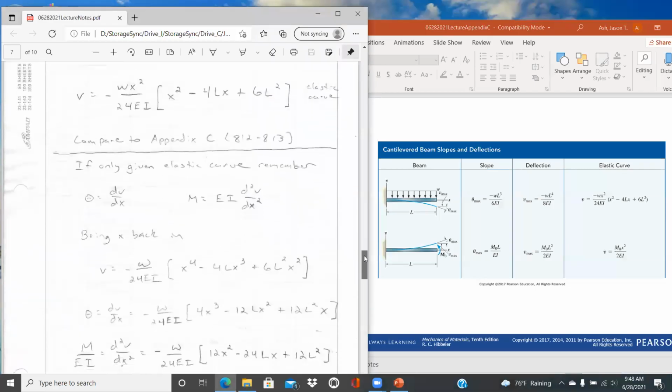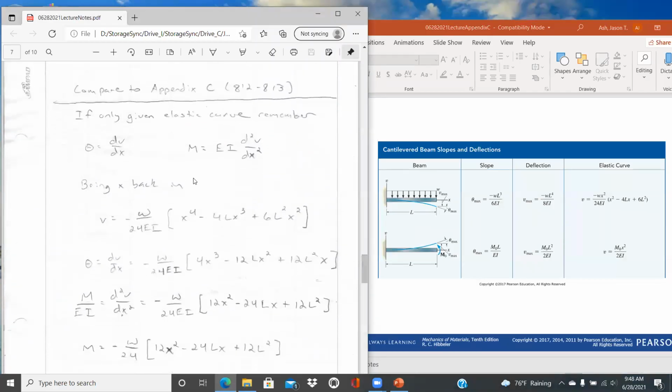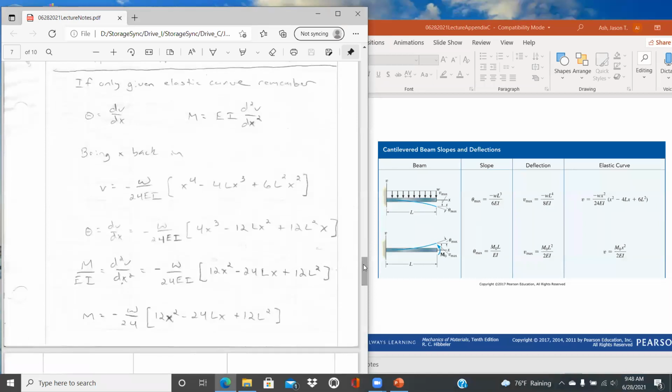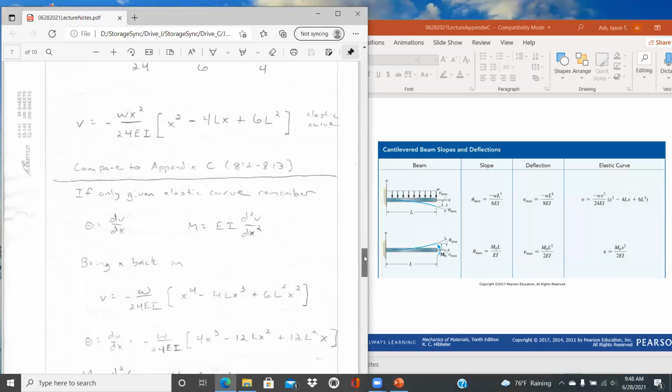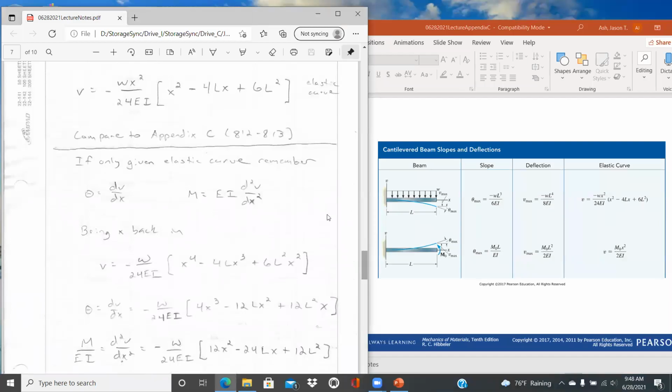And again, remember, if you're only given the elastic curve, remember theta is equal to dv/dx, and M is equal to EI d squared v/dx squared for that case. And so if we're solving for the derivative, I wanted to bring that so you can see it. Again, bring the x squared term back in.